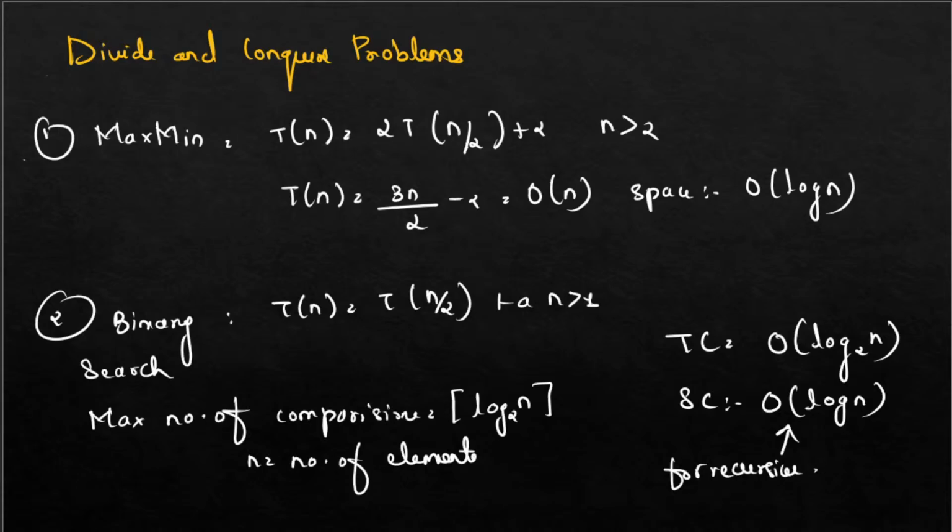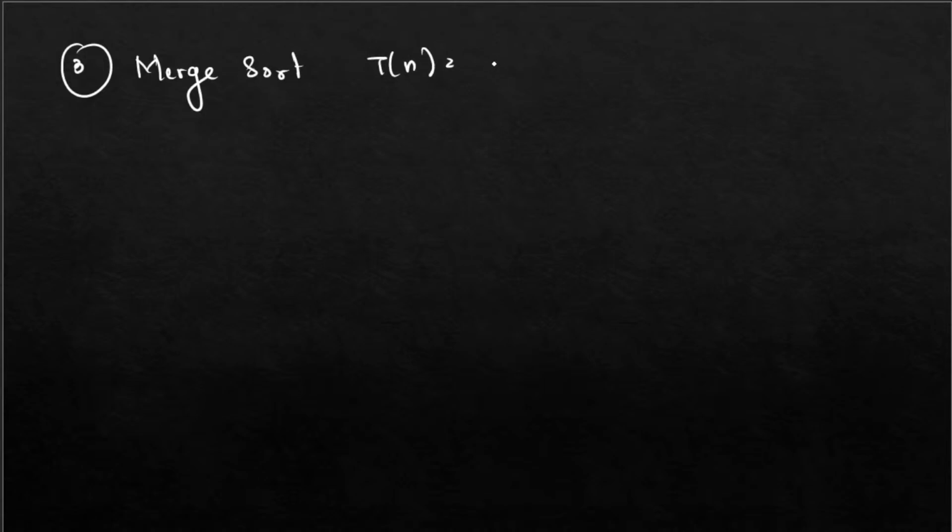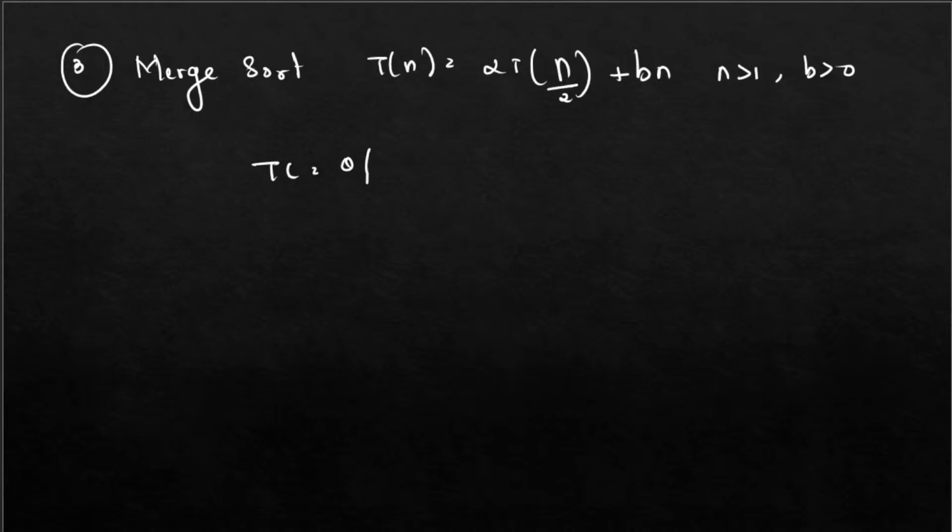Now let's see merge sort. Third is merge sort. So T(n) is equal to 2T(n/2) plus b n, where n is greater than 1, b is greater than 0. So the time complexity will be theta of n log n, and space complexity will be big O of n.